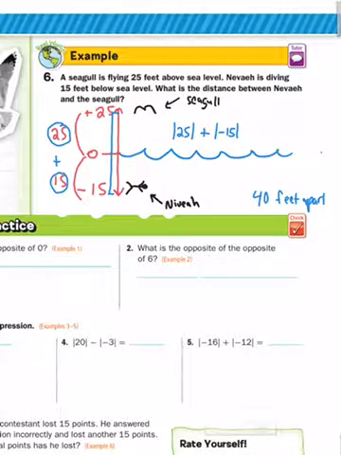So what we're really doing here is we're adding the distance that the seagull is plus the distance that Nevaeh is from sea level. And if we solve that like we did on the previous page, the absolute value of 25 is 25, plus the absolute value of negative 15 is 15, and you would get 40, which is our answer.